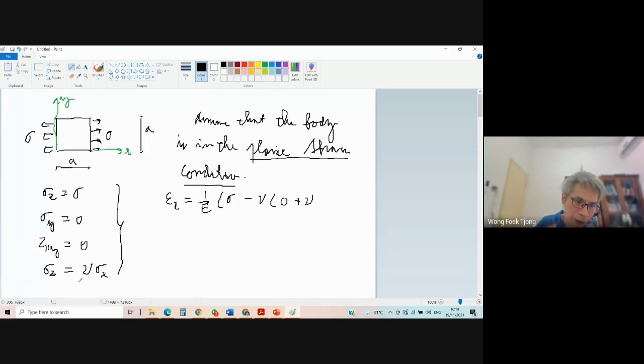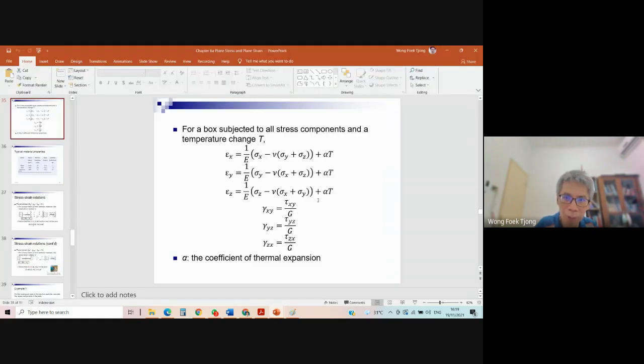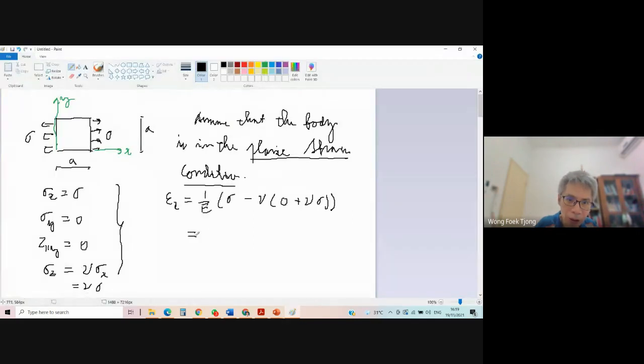Actually, this is nu sigma, right? That's for epsilon x. So this one is equal to 1 over E, sigma minus nu squared sigma, or we can write it as sigma over E times 1 minus nu squared. That is epsilon x.